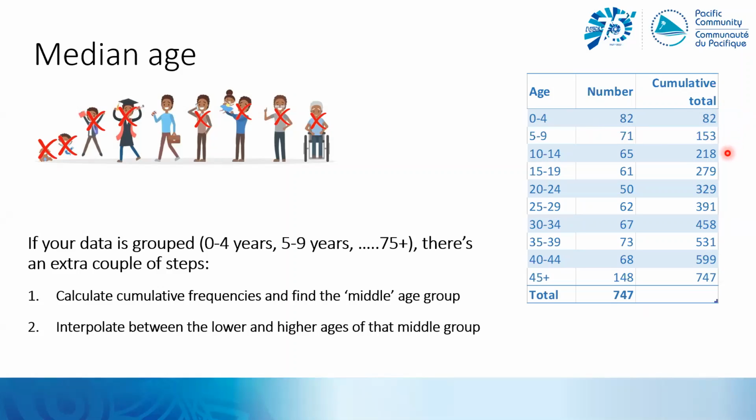The next row, same deal, we have our 153 people plus the new lot aged 10 to 14, giving us 218. So we need to keep going until we get to a cumulative total that surpasses our 374. And you can see that's going to be somewhere in that 25 to 29 year group.